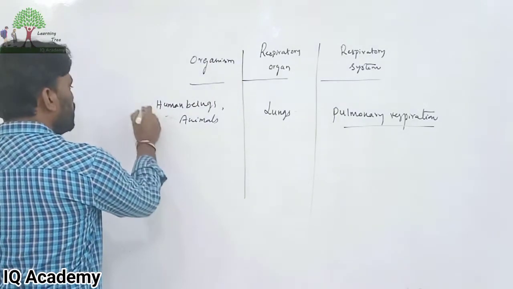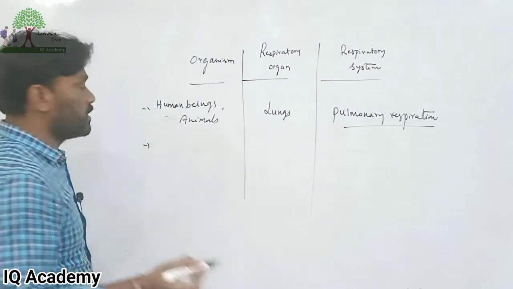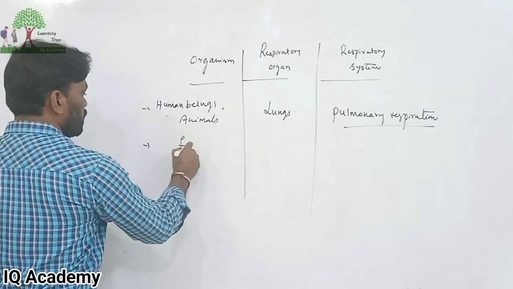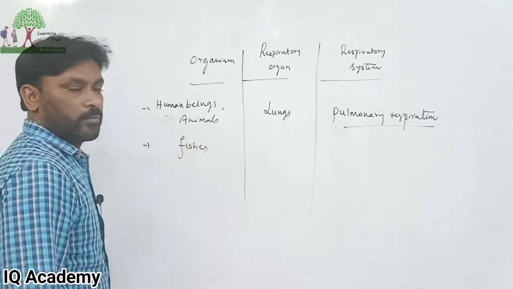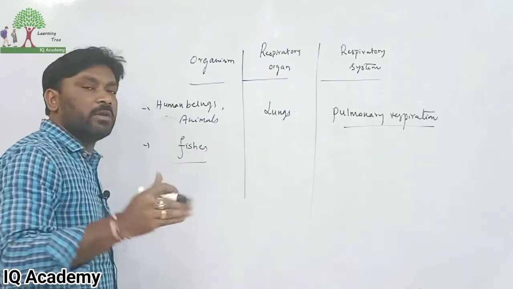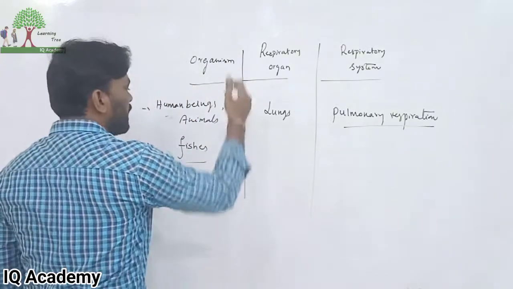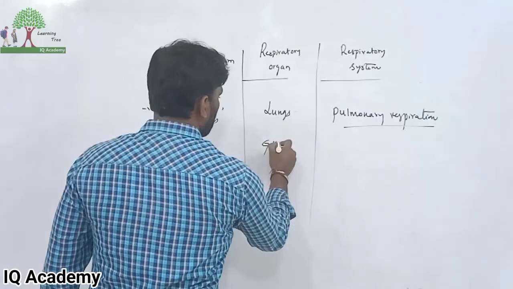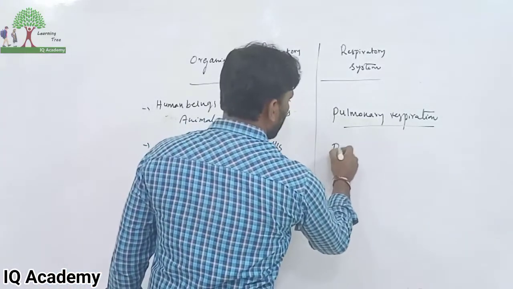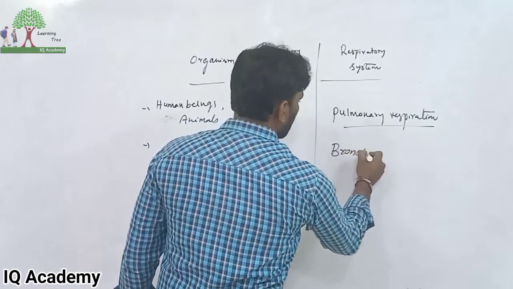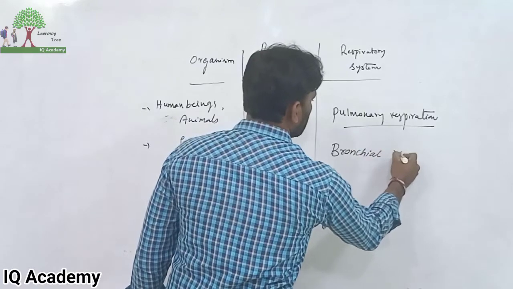Take the example of aquatic organisms like fishes. They are called aquatic because they live in water. Fishes respire through gills, which is called bronchial respiration.